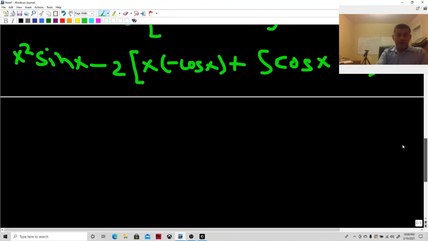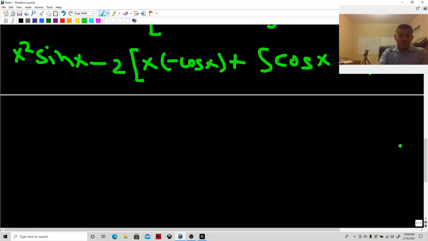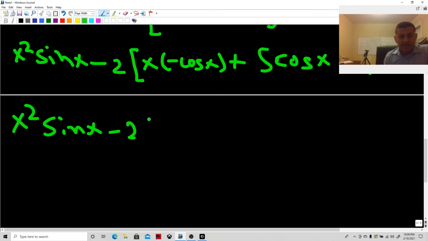So therefore, at this point we should have what? We should have x squared sine x minus 2, right? And then here you can factor that minus out, and just minus x cosine x, right?